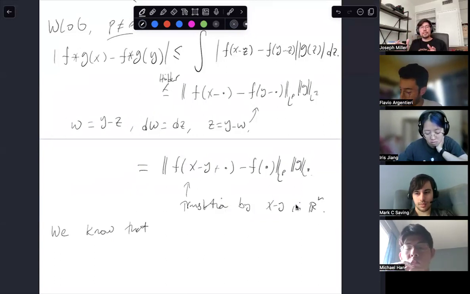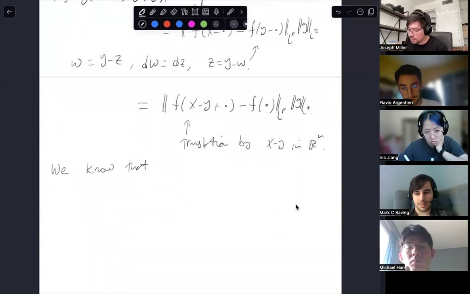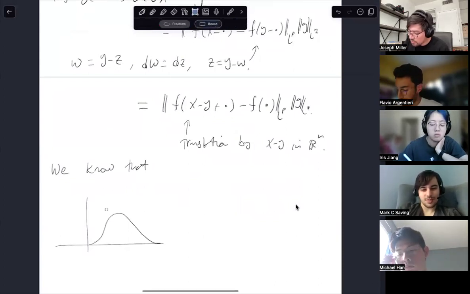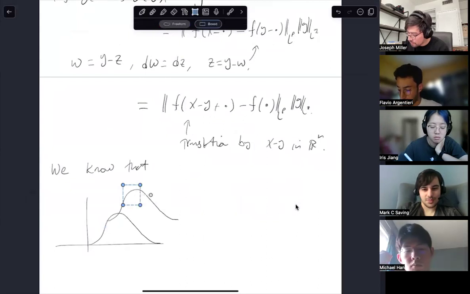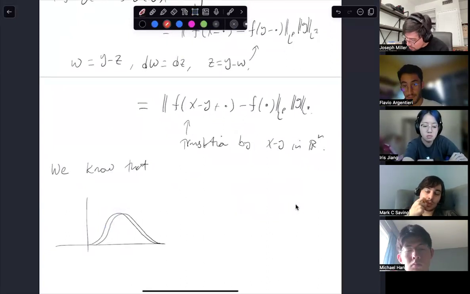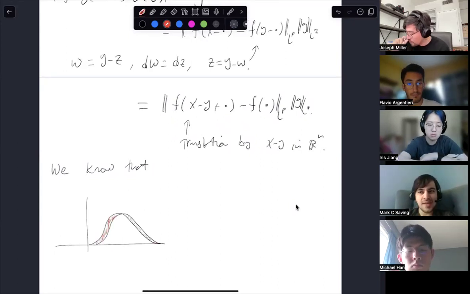Yeah, but the whole idea is I have a function, right? And let's say some bump like this. And if I just take it and translate it by some small vector, then this difference is going to be small because I'm measuring in LP.